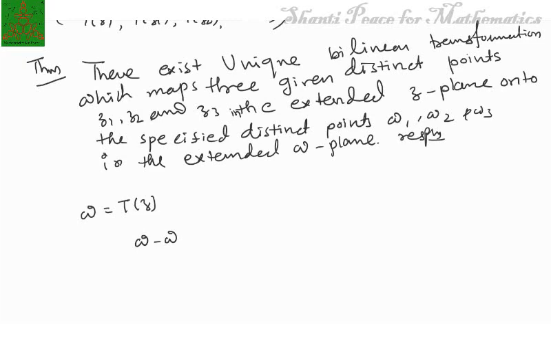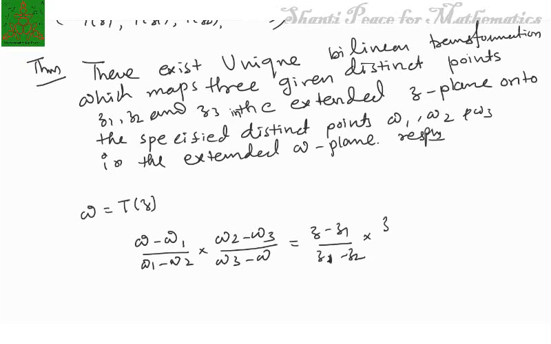So (W minus W1) upon (W1 minus W2) into (W2 minus W3) upon (W3 minus W) equals (Z minus Z1) upon (Z1 minus Z2) into (Z2 minus Z3) upon (Z3 minus Z).